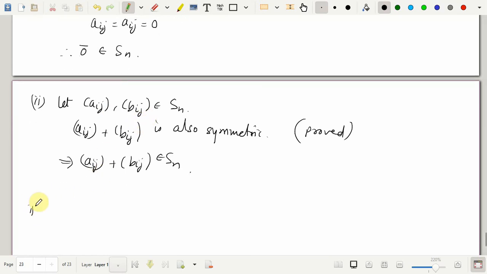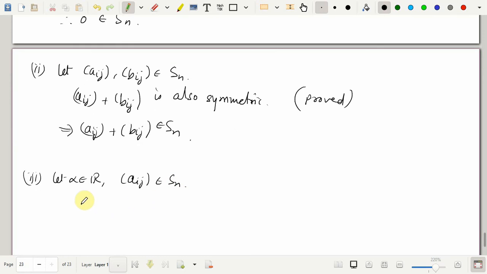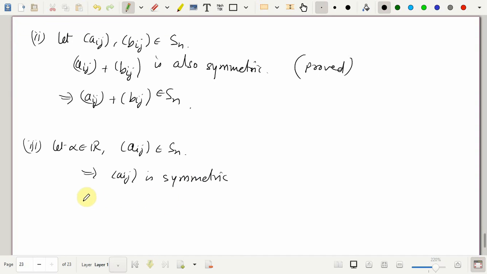Third, again, if I start with any scalar and any symmetric matrix, so that Aij is symmetric, what can we say about its scalar multiple? The scalar multiple is defined as the matrix whose entries are that scalar times the given Aij.